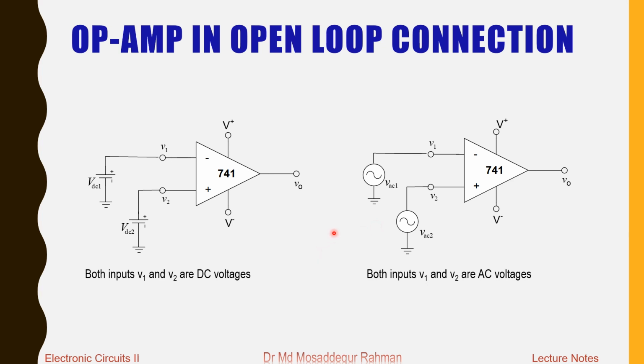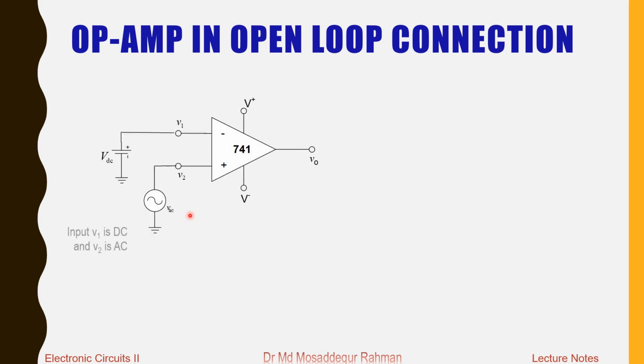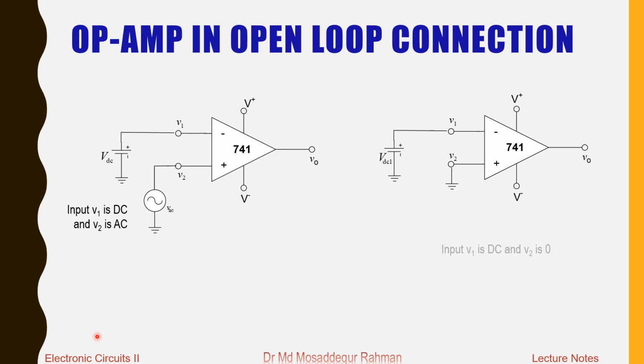We can have different combinations. In this case we have a mixture. Input 1 is DC and input 2 is an AC voltage. So we have a combination of AC and DC. Now in this diagram you can see that input 1 is DC but input 2 is grounded, right?